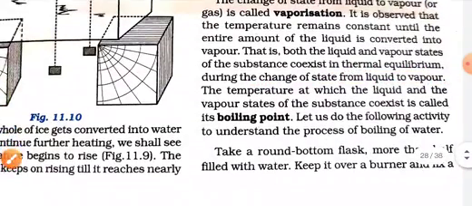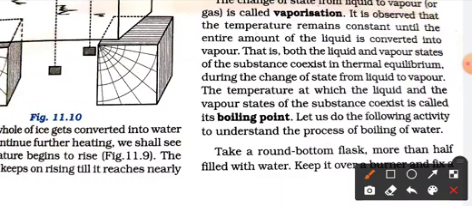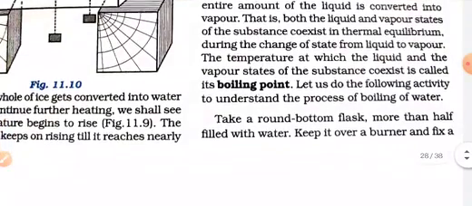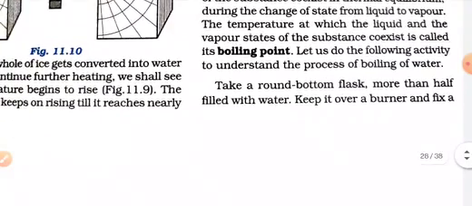The temperature at which the liquid and vapor states coexist is called the boiling point, and the boiling point of water is 100 degrees Celsius. That means at 100 degrees Celsius the water will exist in both states, in liquid form and in gaseous form.